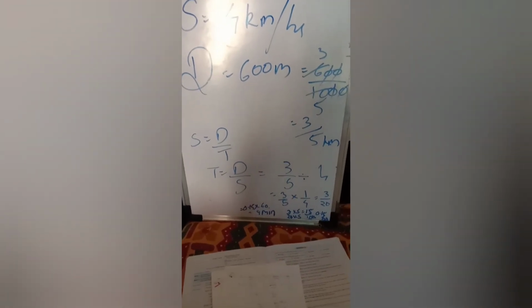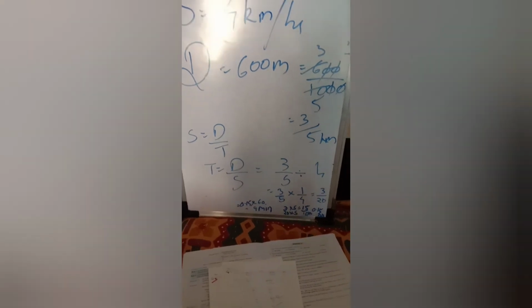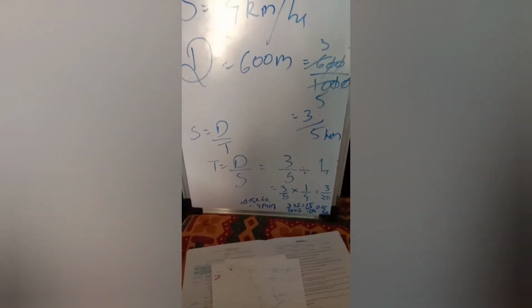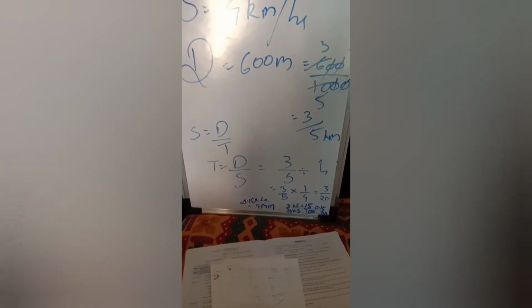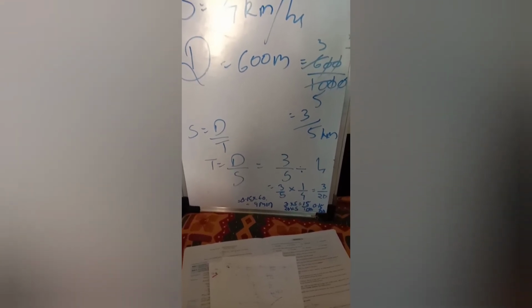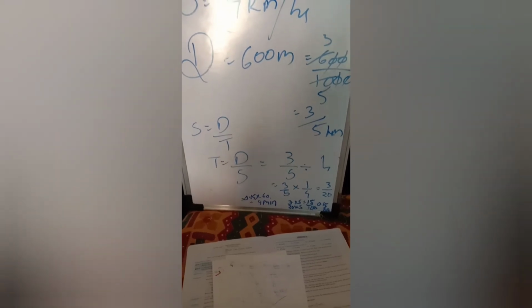Now either you can directly simply divide, or I prefer making it a multiple of 10. So 20 into 5 is 100. So numerator and denominator we multiply by 5. So we get 15 upon 100, so that is 0.15 hours. Now if you want to convert this into minutes, you multiply by 60. So the answer is 9 minutes.